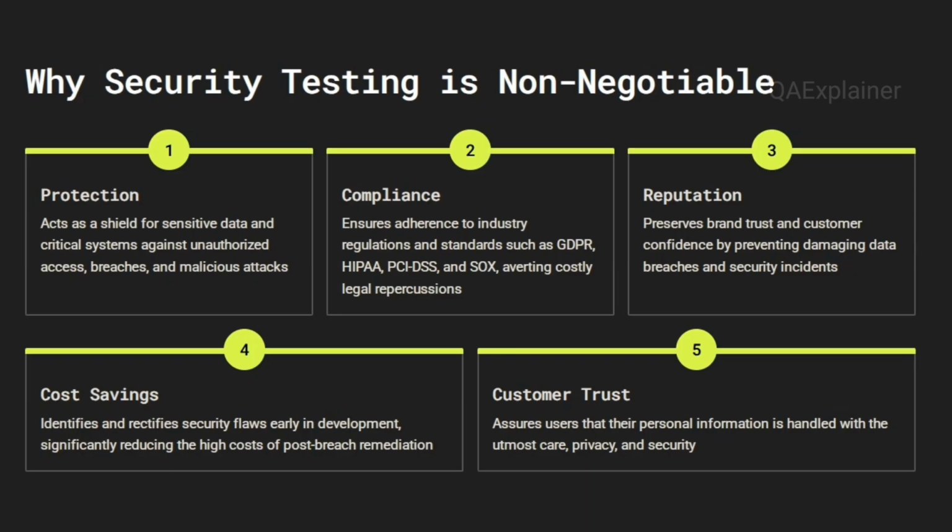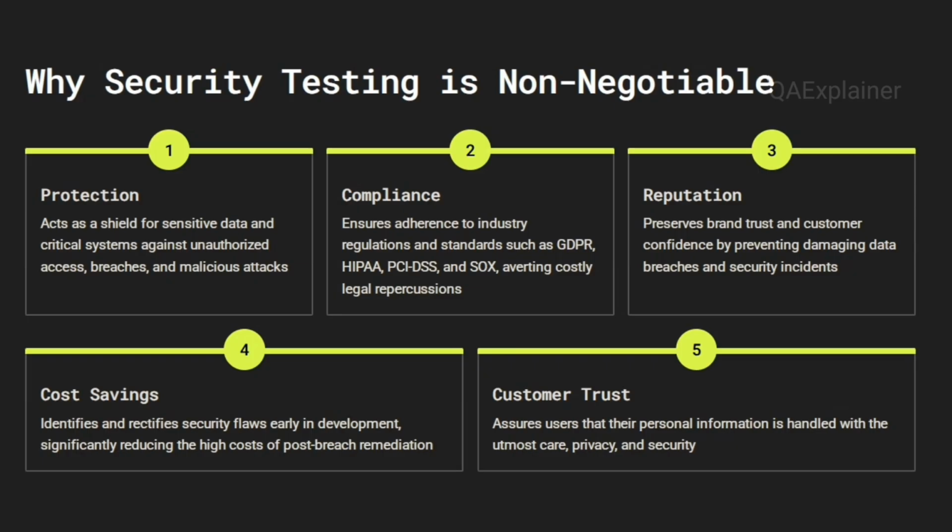Another is reputation. It gives trust to software owners and customers, so their confidential information will not be breached and security incidents will not occur in the future. Another is cost saving. It helps identify and rectify security flaws in the QA domain and in early development time, so it significantly reduces the high cost that would come if security breaches happen in the future.